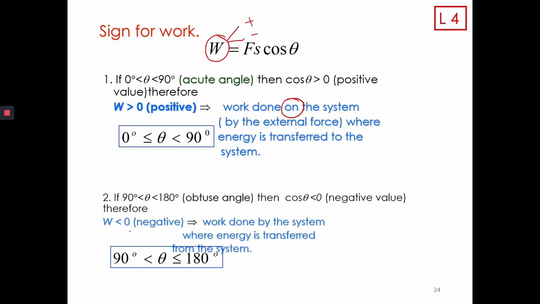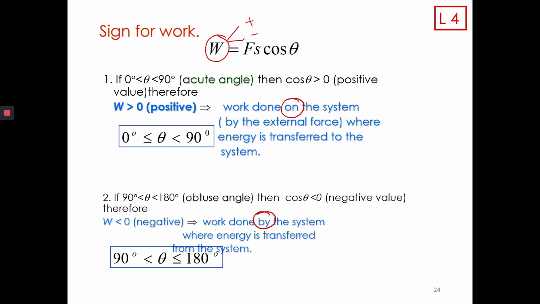If your work done is less than 0, which gives a negative work, it means work done by the system, where energy is transferred from the system.